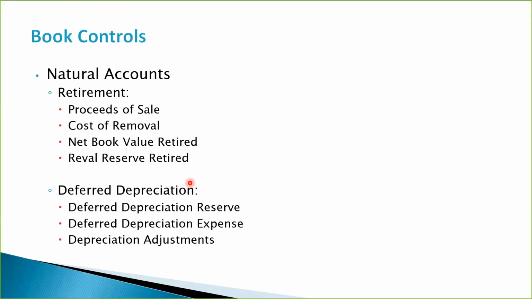And now we are going to look at the natural accounts you have to create, and these are involved in depreciation. So we are going to discuss these three accounts, and after that we will have an understanding of book controls and we'll be ready to create our own corporate book.